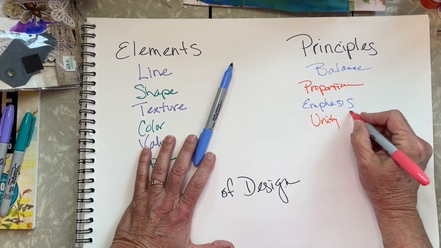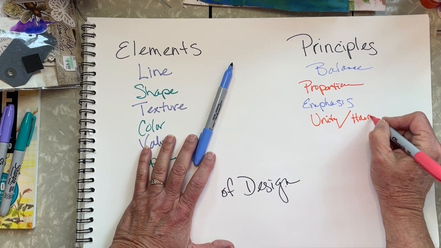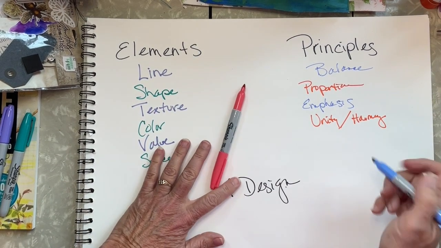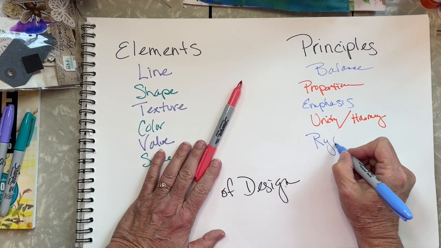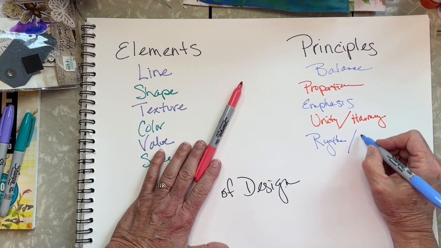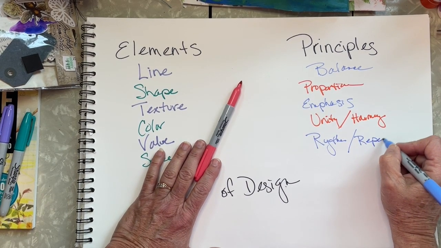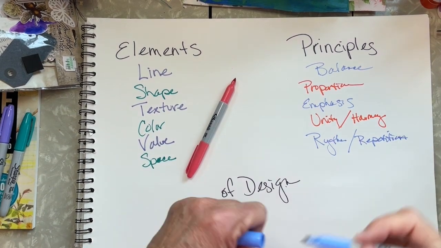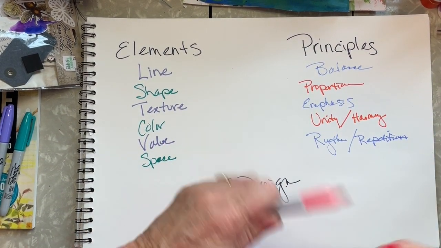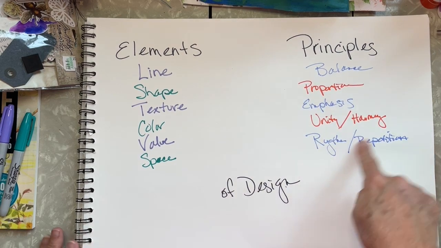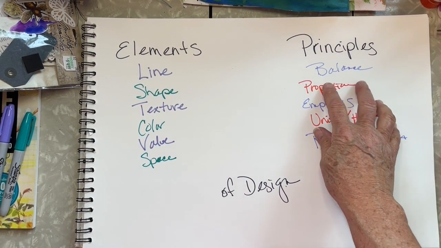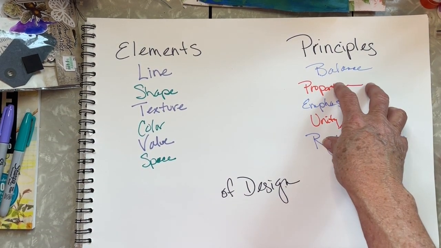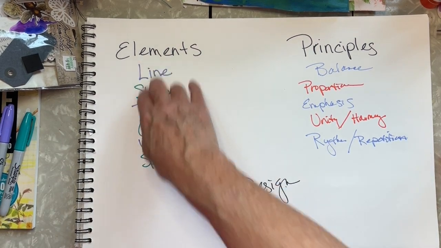Some people say harmony. And we have rhythm. And some people say repetition. Okay, so there's my messy writing. Okay, the principles, these principles are ways we can organize these elements.